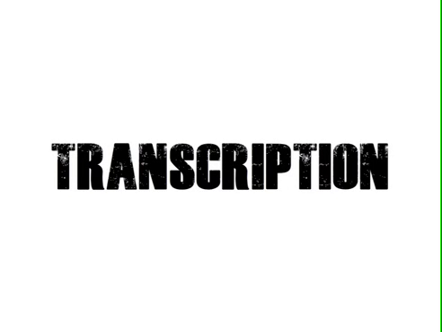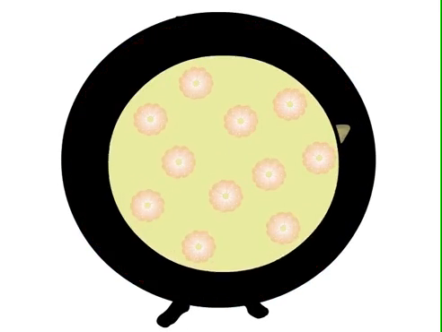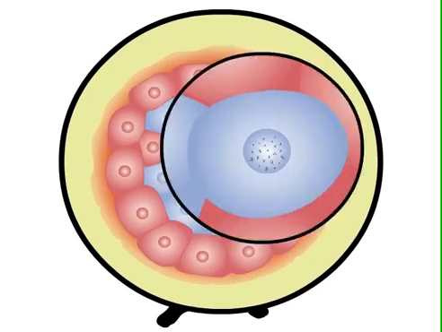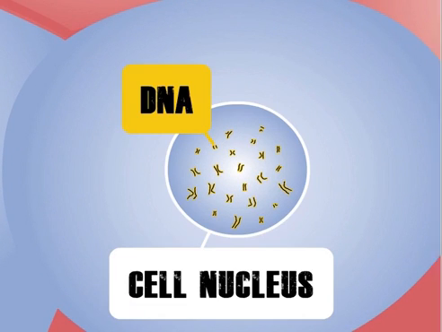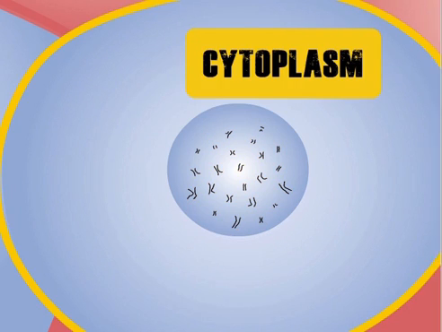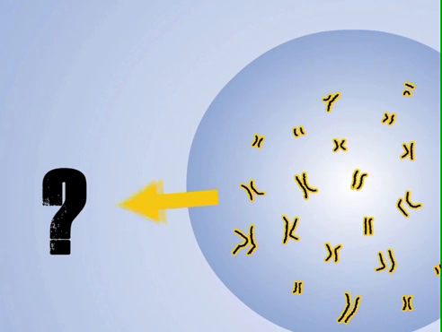The first stage of the process begins with a section of the DNA called a gene, which is found in the nucleus of a cell. Yet the instructions for protein building are needed in a cell's cytoplasm. So how do the instructions get from the nucleus to the cytoplasm?